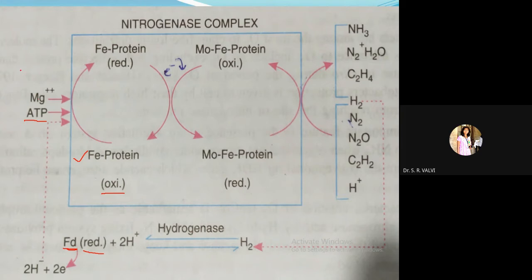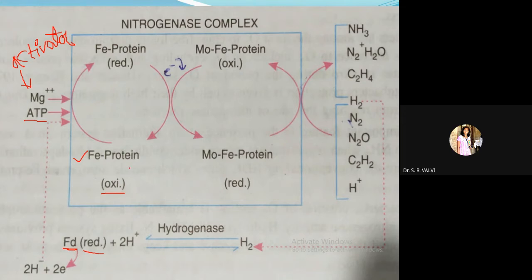Magnesium ions act as activator for the reaction of nitrogenase. It activates the reaction, hence it is called an activator. The Fe protein should be in oxidized form to accept the electron coming from reduced ferredoxin, right?